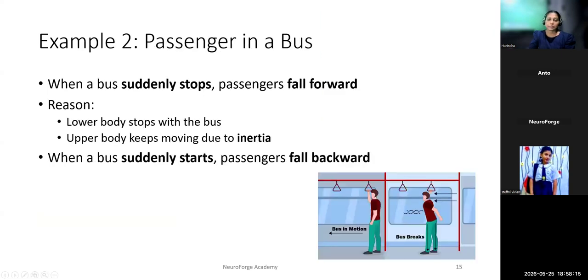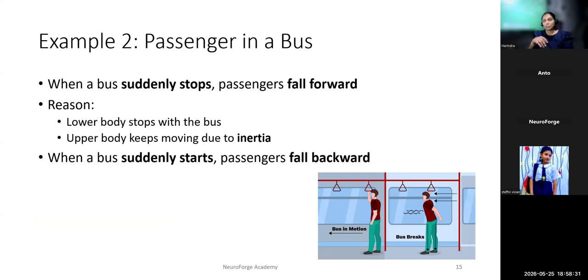passenger in a bus. Let's assume when the bus driver applies the brake suddenly, what will happen to the passenger? Passengers fall forward. Why? When it starts suddenly, passengers fall backward. Why?